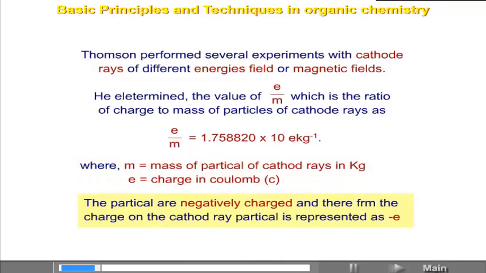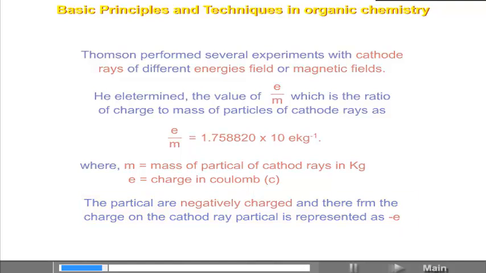The particles are negatively charged and therefore the charge on the cathode ray particle is represented as minus e.